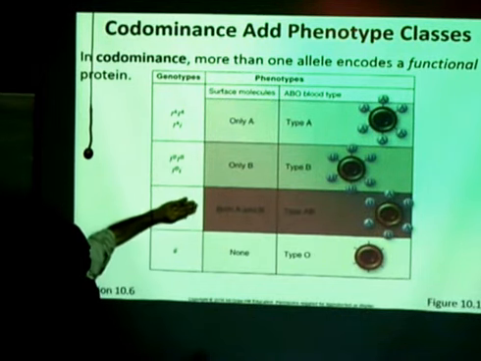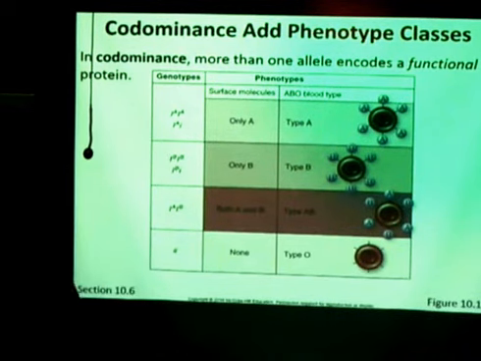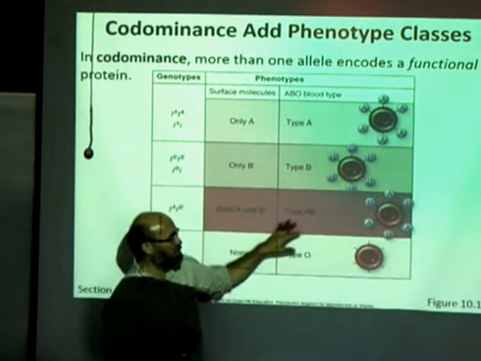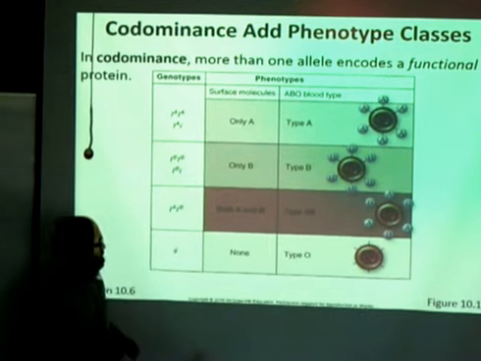So it means neither is dominant over the other, but both are dominant at the same time, because when they're present together, they are expressed in a different form, as the phenotype AB.